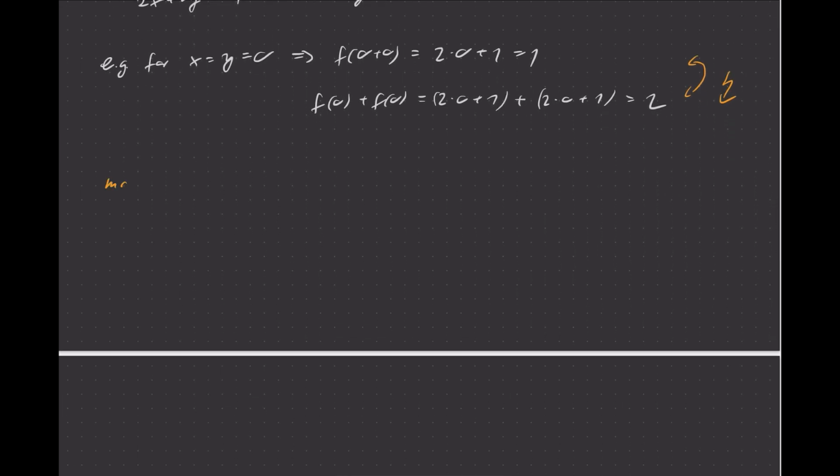More generally, when you have a linear mapping, we have the following property. We can have a look at f of the 0 vector.